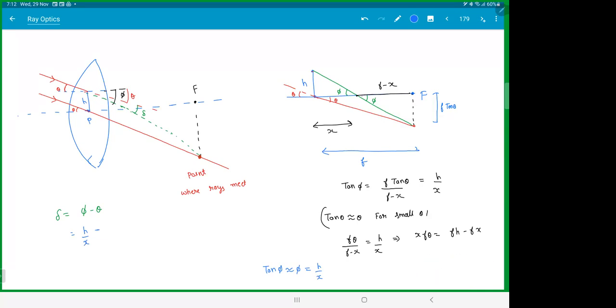Actually, from here I had to find theta. Phi minus theta is the deviation. Phi's value is h by x.